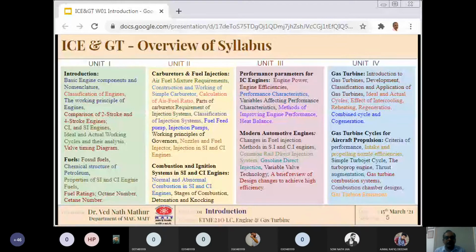Once you start analyzing or designing an engine, you should have knowledge of fluid mechanics, and of strength of materials, which you studied in third semester. Then heat transfer, which you will study next semester, and various other basic mechanical engineering subjects are used in this subject. So this course is a part of applied thermal engineering.